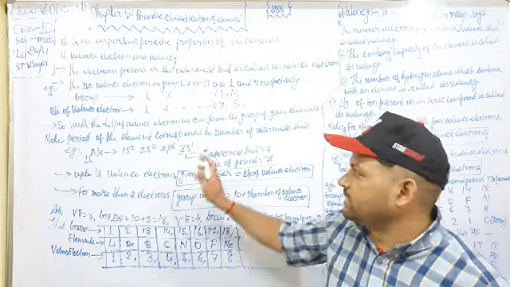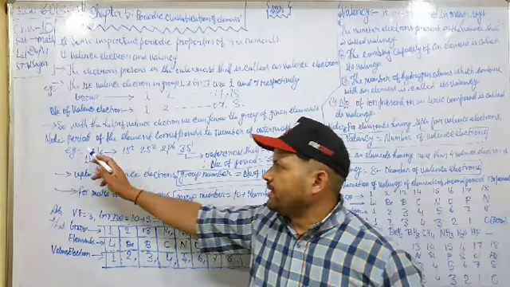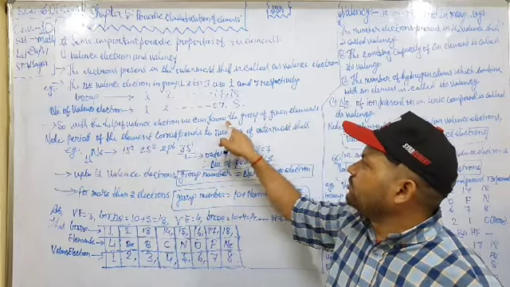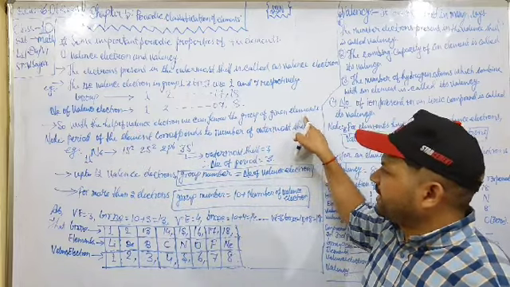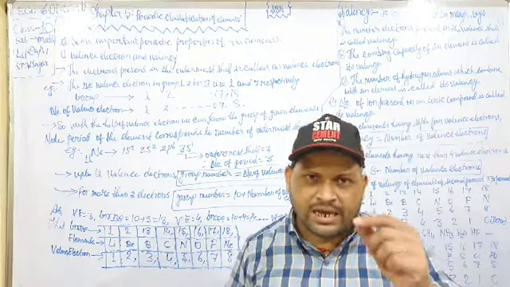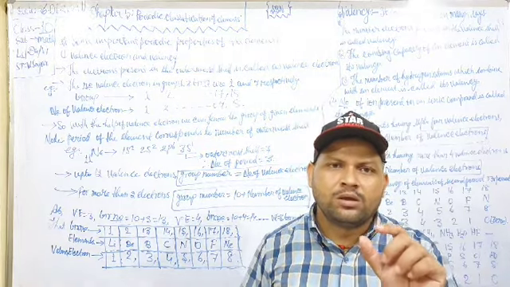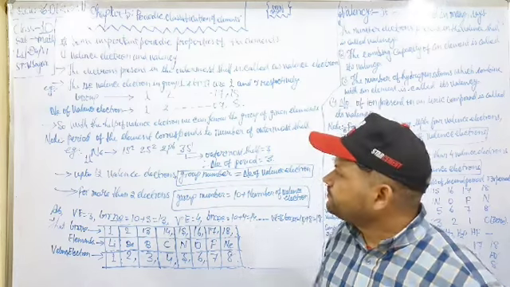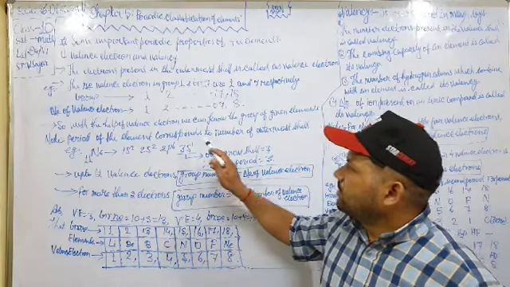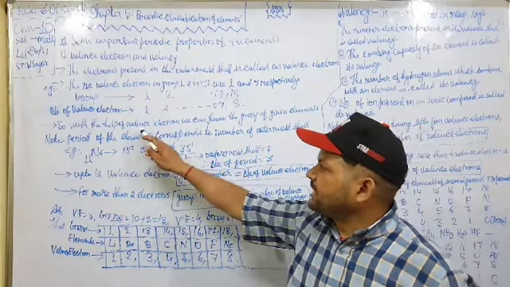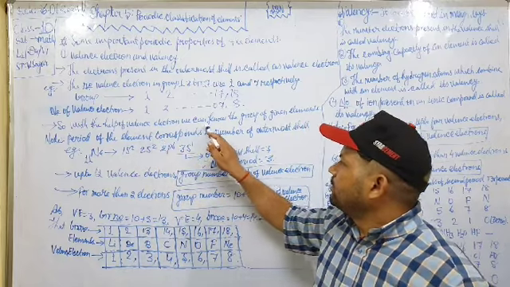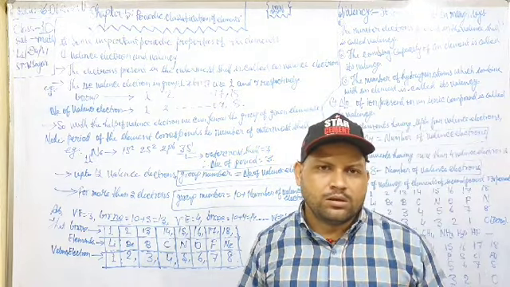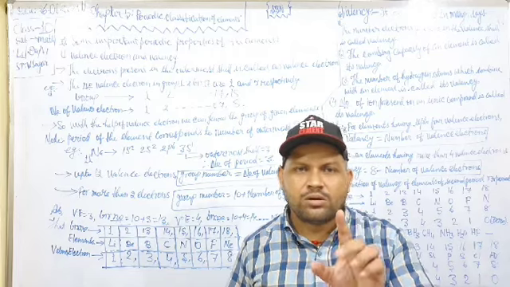Next, we have written that with the help of valence electrons, we can know the group of given elements. Valence electrons help to know the group of the given element.